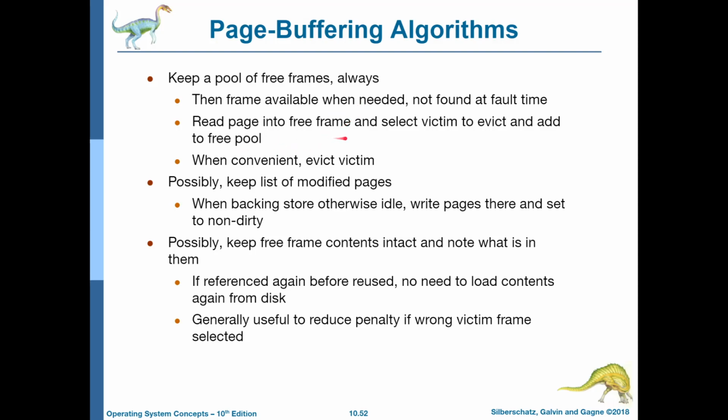We just read the page into the free frame, and then a victim is selected to evict eventually. It doesn't have to be evicted right away, but it's marked for eviction, and it can be taken care of by a kernel process or the kernel itself.